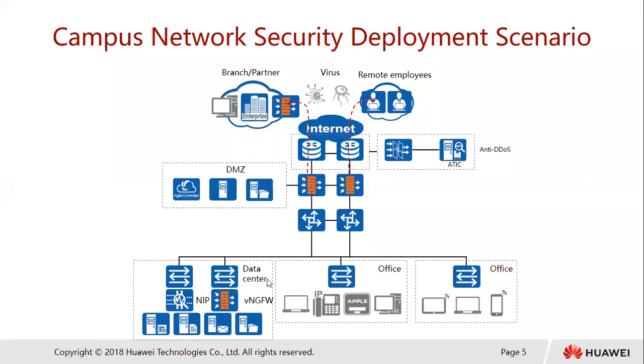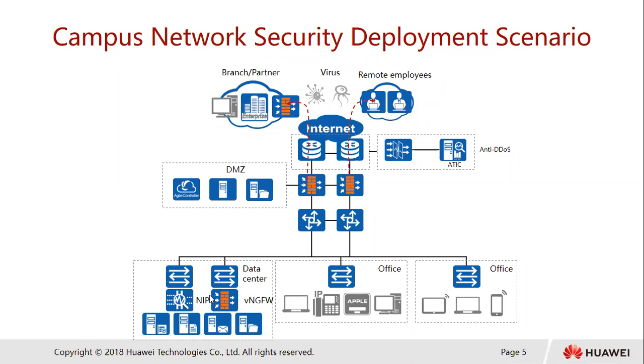And then here, this is the data center. So this is where we can put the servers where we do not want members of the public to access, okay? And one of the devices that we can put here is what we call a network intrusion prevention system, okay? Network intrusion prevention system.